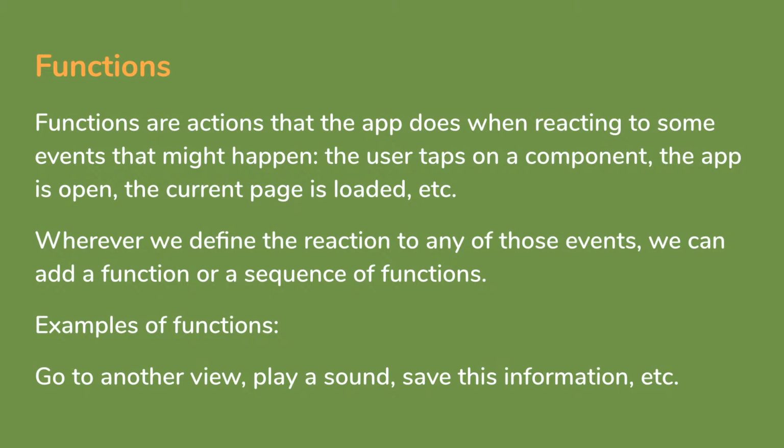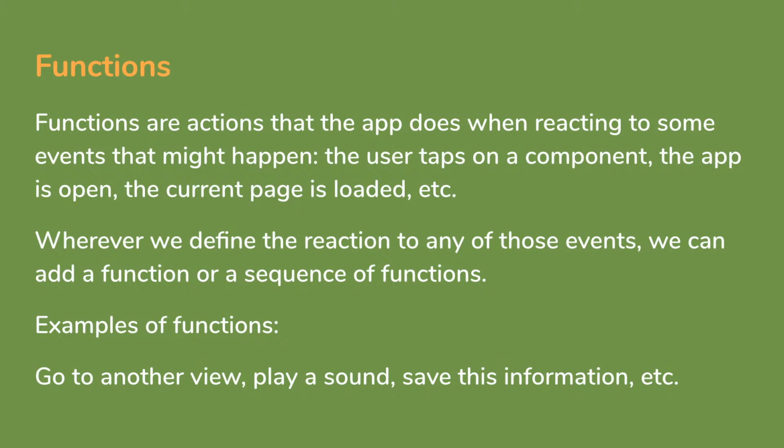So functions are actions that are played as a reaction to some user event or some app event. For example, if the user taps on some component, then you can define what the app should do, like go to a different screen or play a sound, save some information, things like that. Okay, so those are functions.